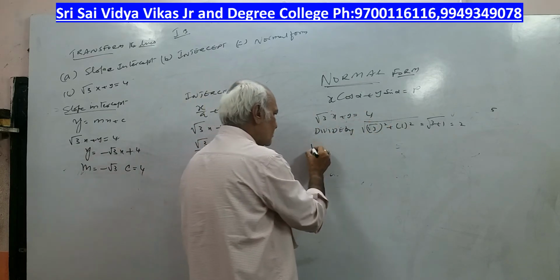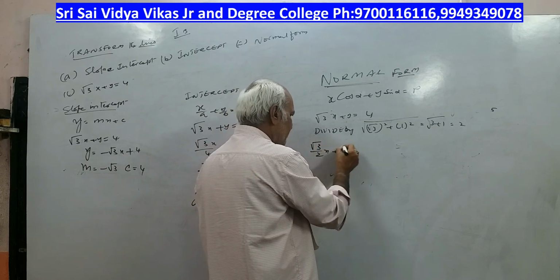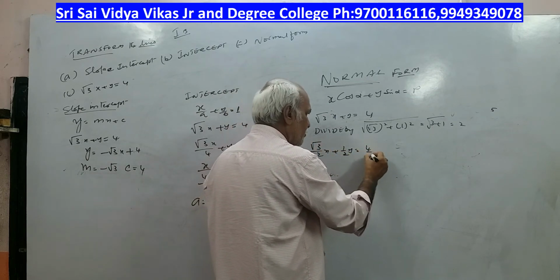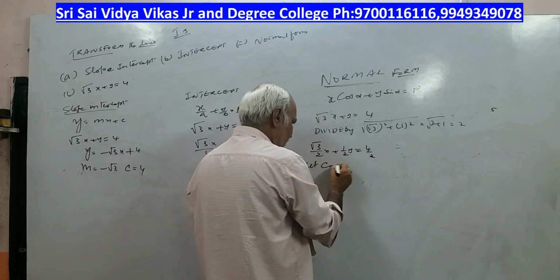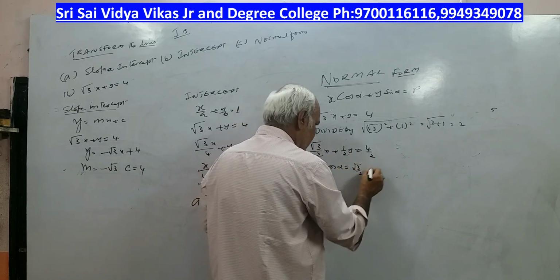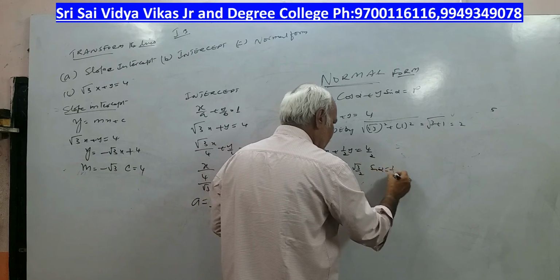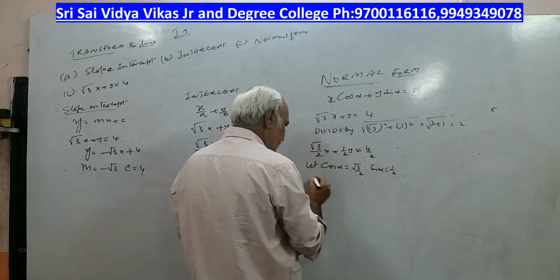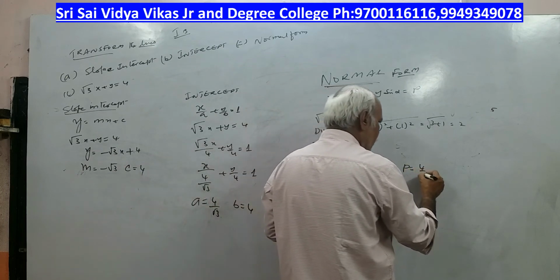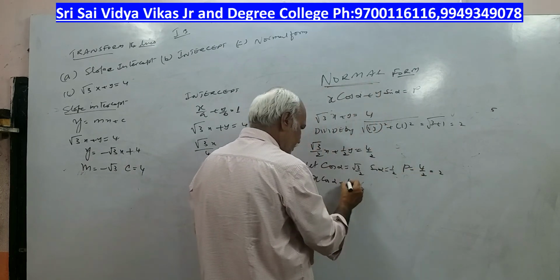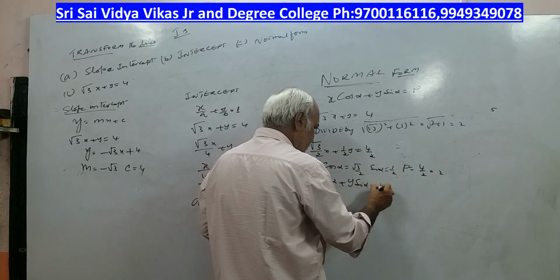So what will happen? Root 3 by 2 x plus 1 by 2 y is equal to 4 by 2. Therefore, let cos alpha is equal to root 3 by 2, sin alpha is equal to 1 by 2. P is equal to 4 by 2, which is 2. x cos alpha plus y sin alpha is equal to p.